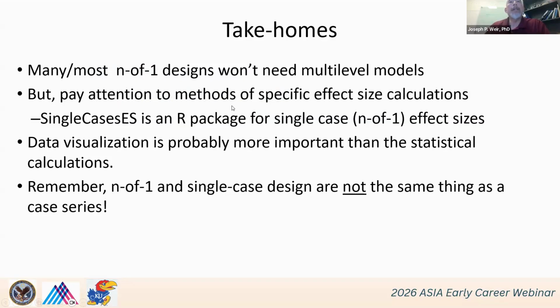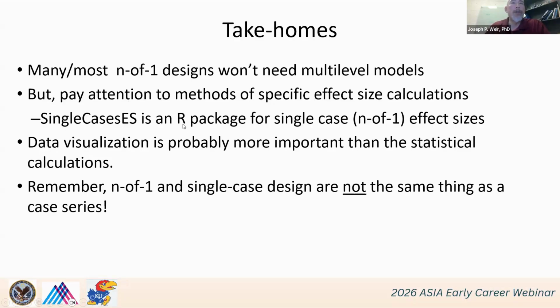But even if you have a design that doesn't require all of these possible permutations, like with the spinal cord stimulation, there are single case experimental design specific effect size calculations. So as I pointed out earlier, just a regular old Cohen's d is probably not going to be the approach you want to take for looking at the effect size of an intervention in a single case design.